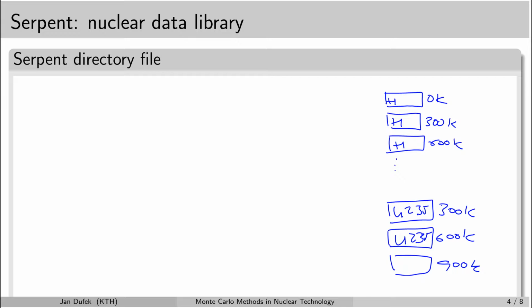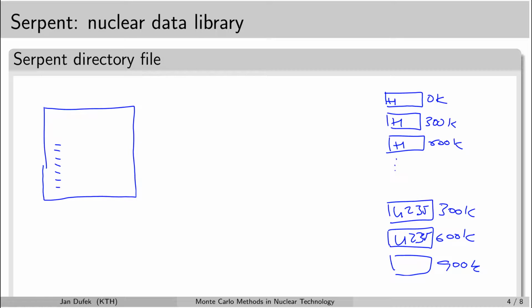And the fact that there are so many files describing the cross-sections for different nuclides at different temperatures is a complication for us. Let's say this is our input file, and we have a number of nuclides in all our materials.